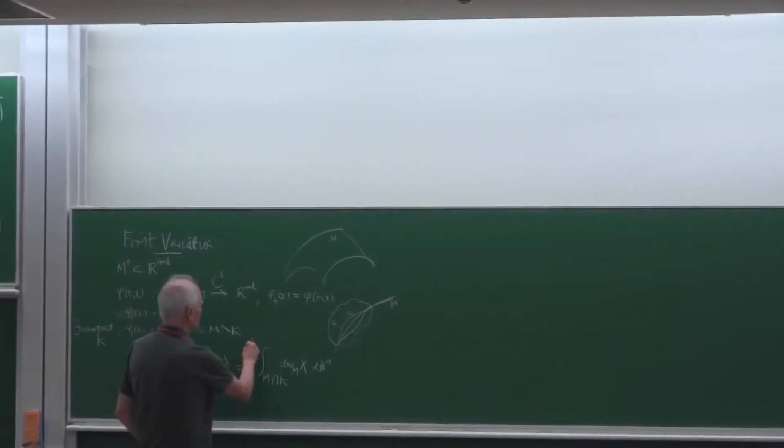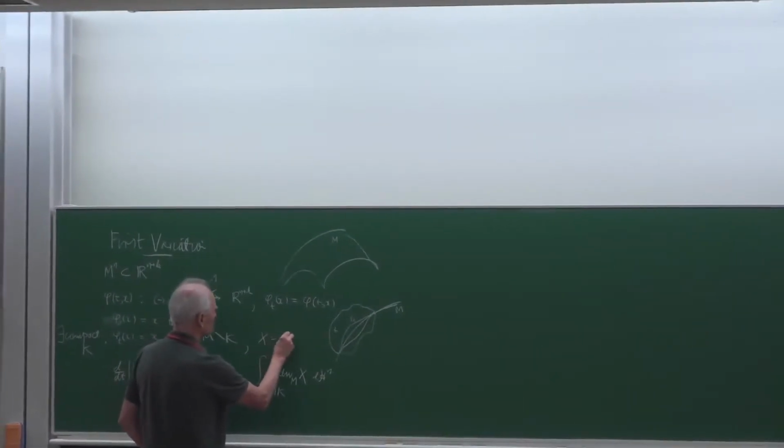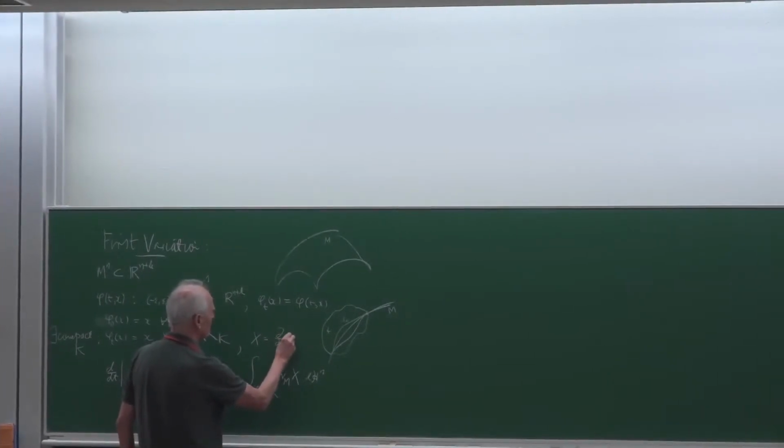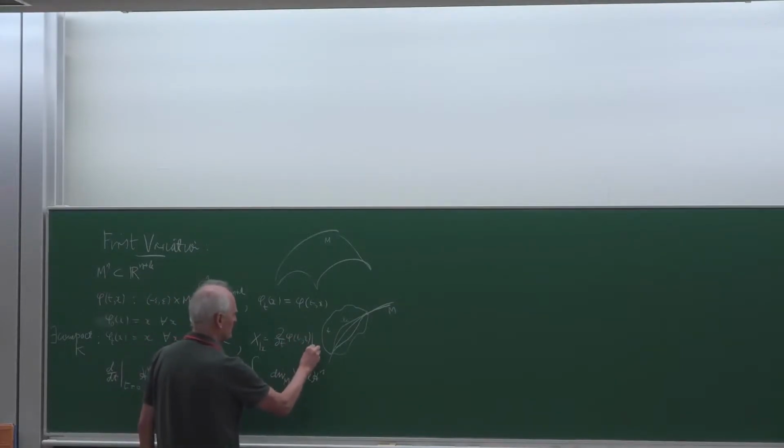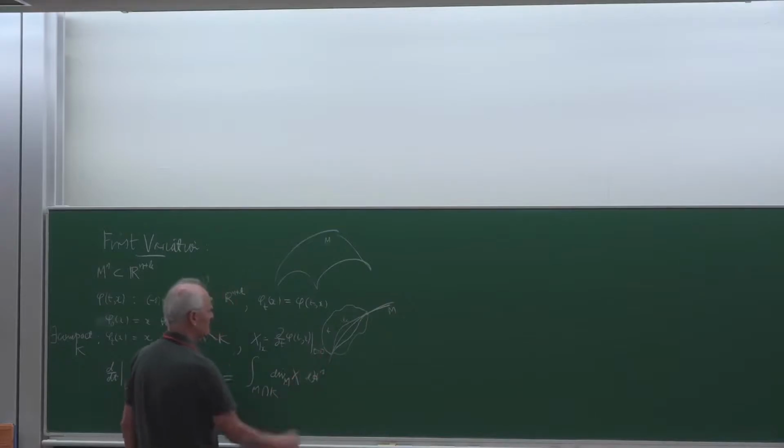So here X is the initial velocity. It's the partial with respect to t of phi(t, x), so X(x) is that partial derivative evaluated at t equal to 0.